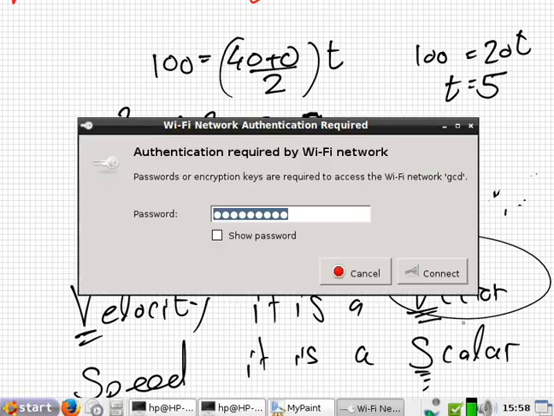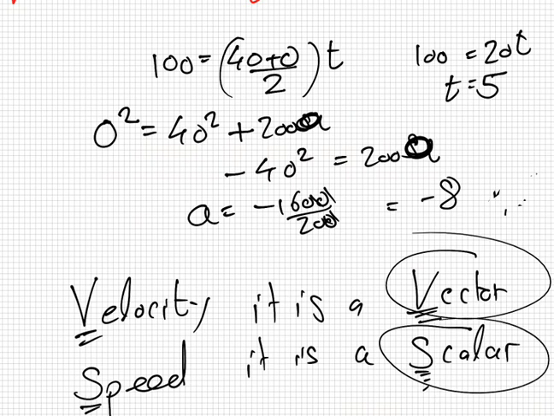And what's a scalar? It's just the size, no direction. So vector has direction and scalar has no direction. So here, that means you have plus or minus, but speed is plus.